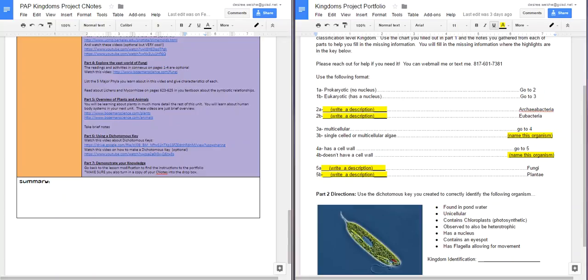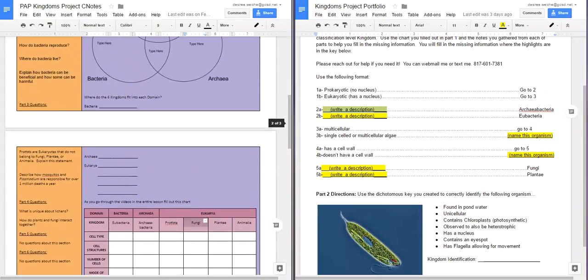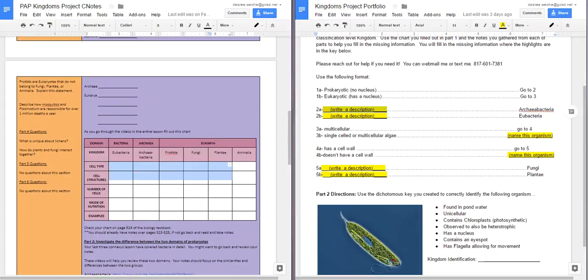You can refer to the type of cell wall it has. Eubacteria has something unique in its cell wall that Archaeobacteria does not. Again, you'll find that information in this chart once you have it filled out. Okay, and you can check your answers on this page in your text. All right. Then you'll go through the next step.